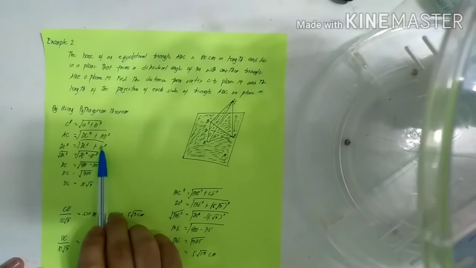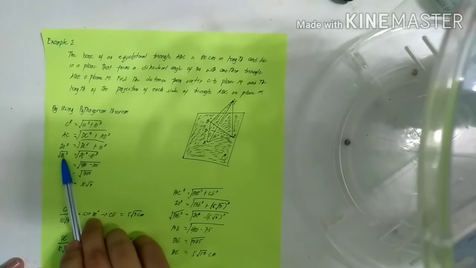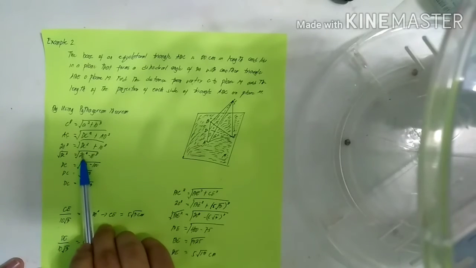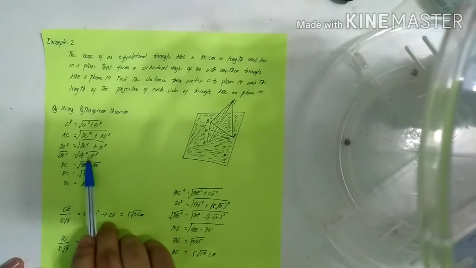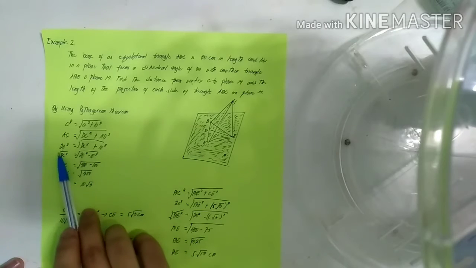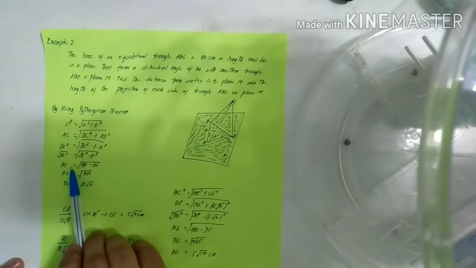So we have to transpose it. So yung square root of DC squared is equal to 20 squared minus, kasi i-transpose natin kaya naging minus or negative. So 10 squared. So i-cancel out natin tong squared at saka squared para matira lang is yung DC.